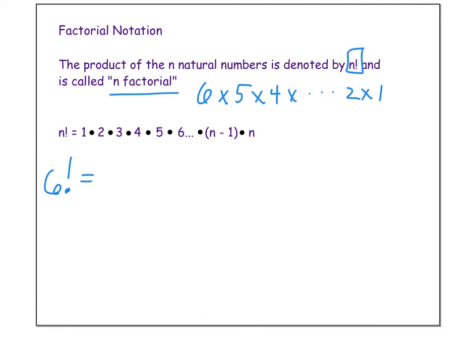From the previous slide, 6 with an exclamation mark, we call that in math 6 factorial. So this would be 4 factorial. This would be 2 factorial, and so on. 6 factorial starts with the number 6, and we go down by 1 until we get to the number 1.